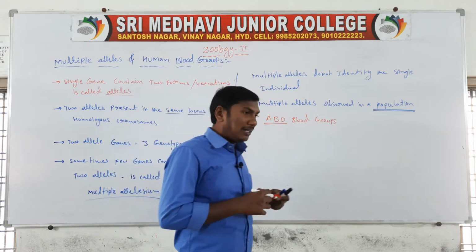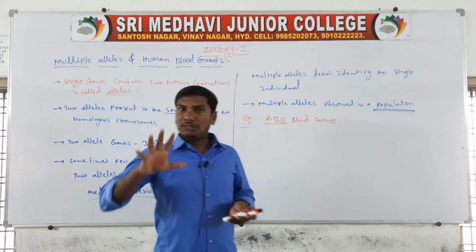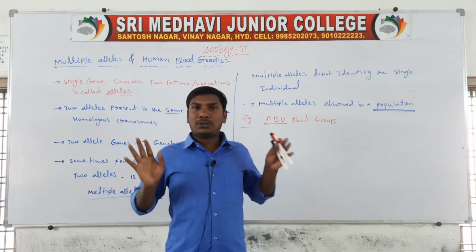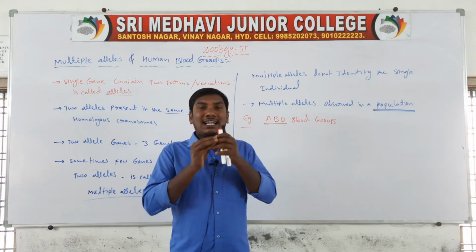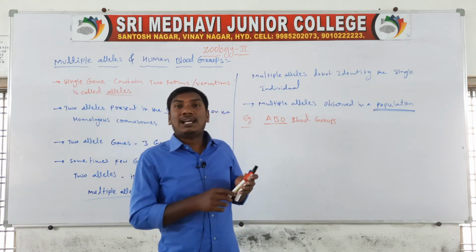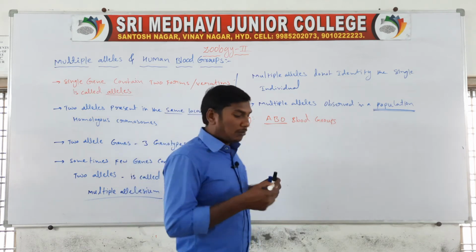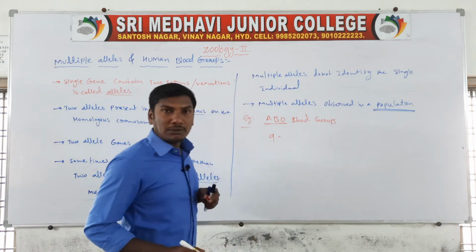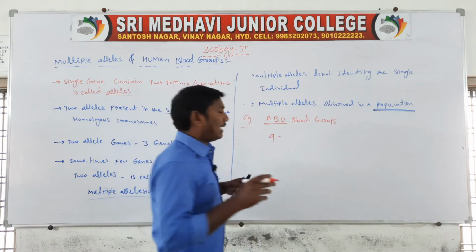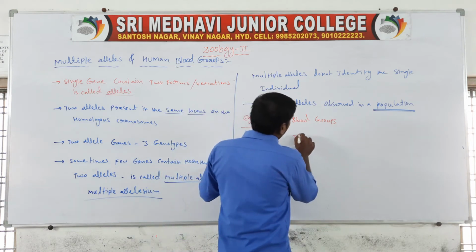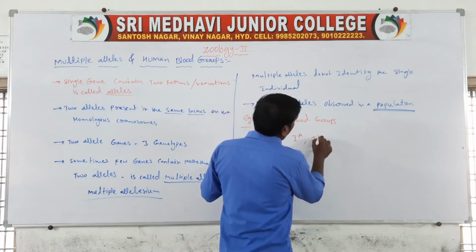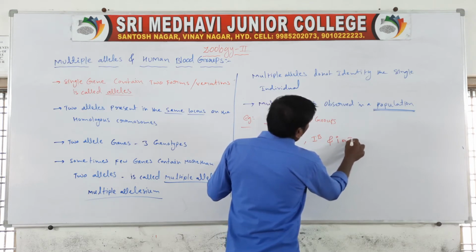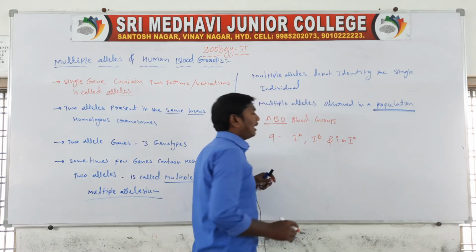The ABO blood groups mean that every human individual contains 23 pairs of chromosomes, but there are 3 types of alleles on chromosome number 9: IA, IB and I naught.